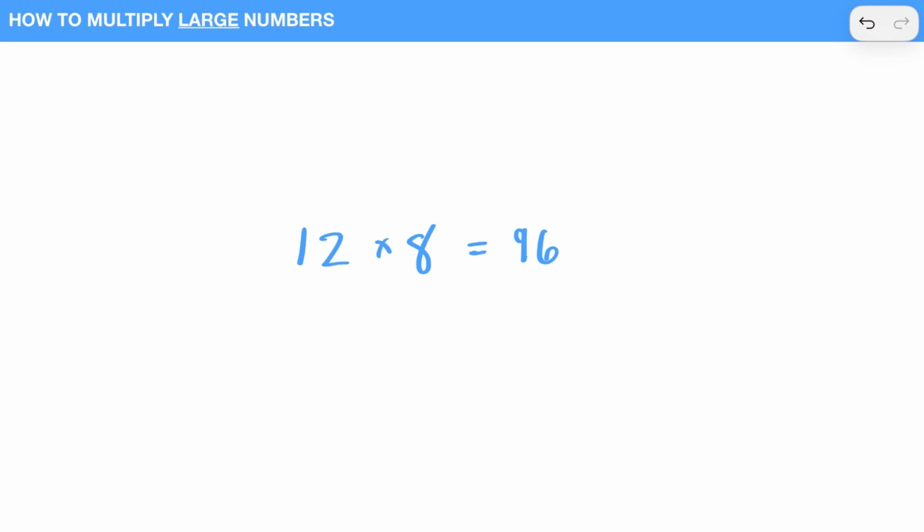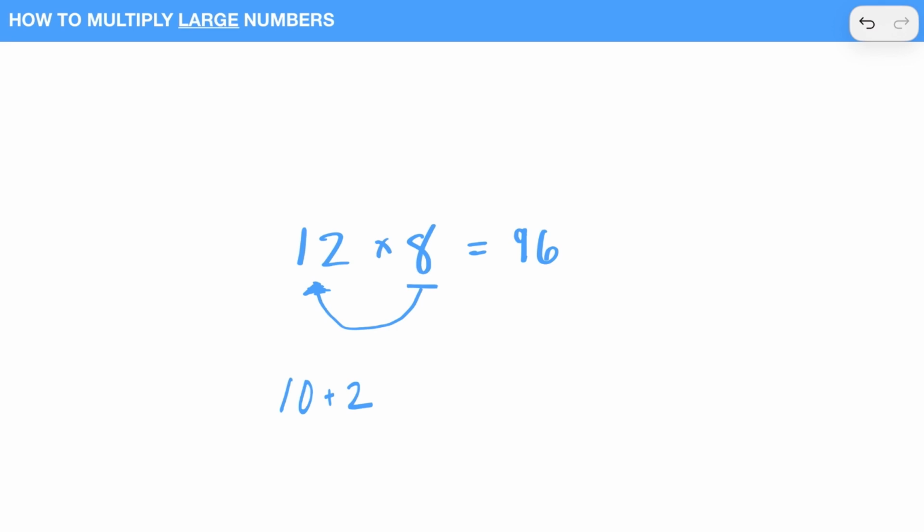When we multiply 12 and 8, what's really happening is we're multiplying 8 by everything that is 12. What do I mean by that? Well, 12 is 10 plus 2, right?